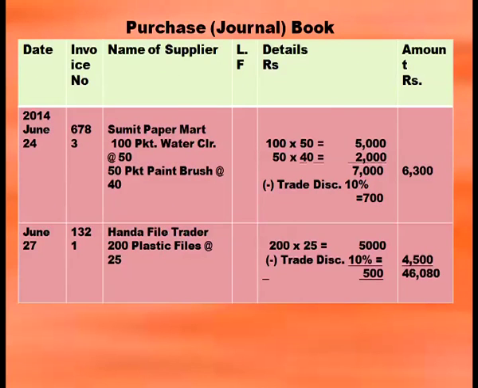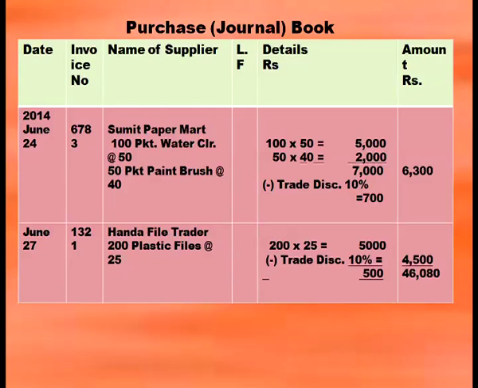So, we have to prepare one purchase return in the previous slide and two purchases of this slide. In the purchases journal, you are writing Sumit Paper Mart, 100 packet watercolor at rupees 50, date in the respective column, invoice in the respective column. Then coming to the details, in the name of the supplier column you have to write what all materials this concern has purchased. 100 into 50, 5,000; 50 into 40, 2,000.